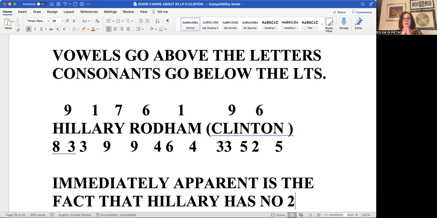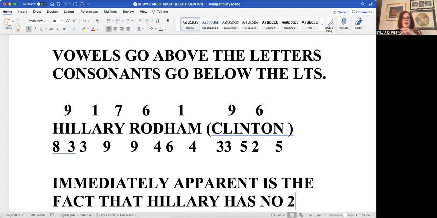I didn't put the middle name up if she was born with it, but she does pick up the 5 in Clinton. She has the 6 in Rodham. She's got the 7 in the Y in Hilary. She's got the 8 in Hilary. She's got the 9 in the I in Hilary.